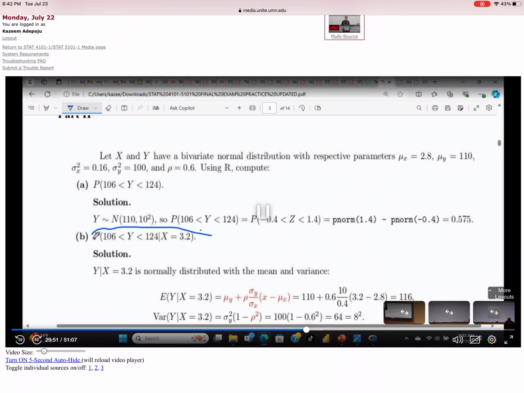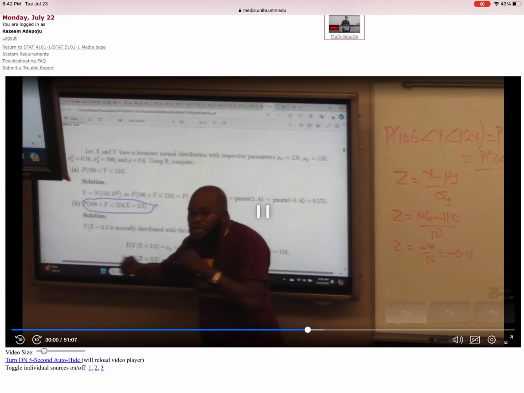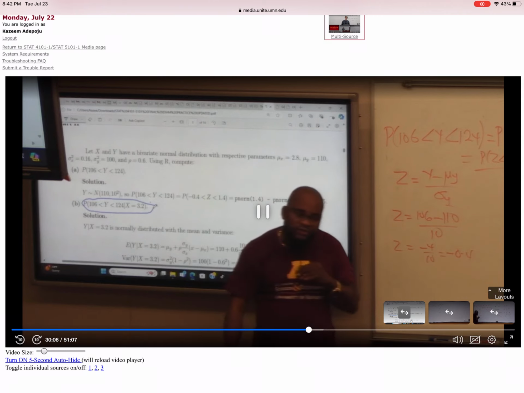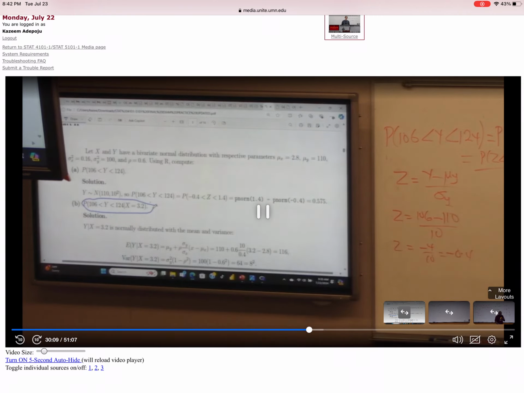But this time around, given x equal to 3.2, it means I'm focusing on a conditional function of y given x. If I'm focusing on the conditional function of y given x, then I'm going to have a random variable that is conditional.